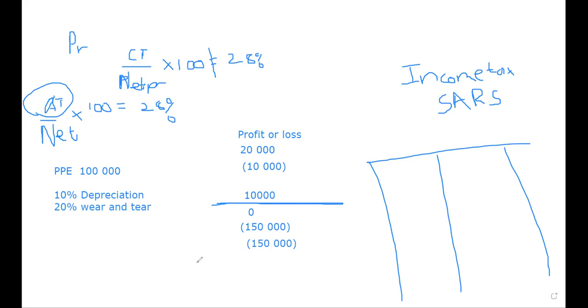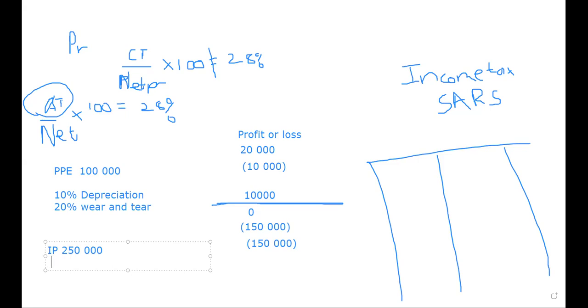So let's say, firstly, let's use amounts. Let's say you have this investment property, and this investment property costs around 250,000.